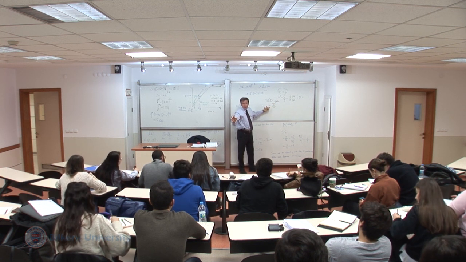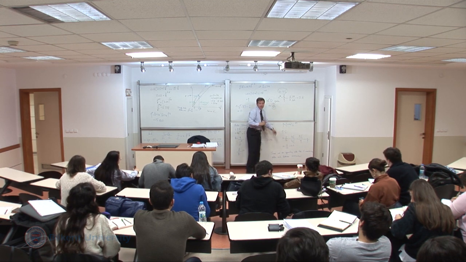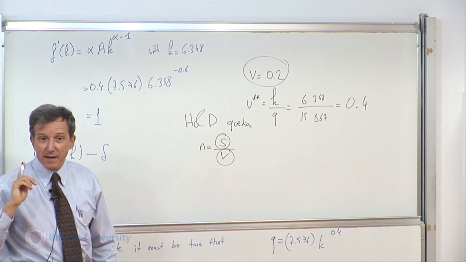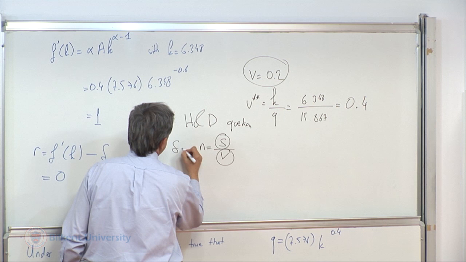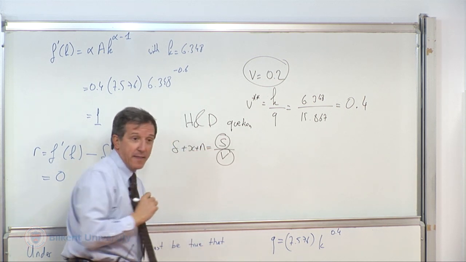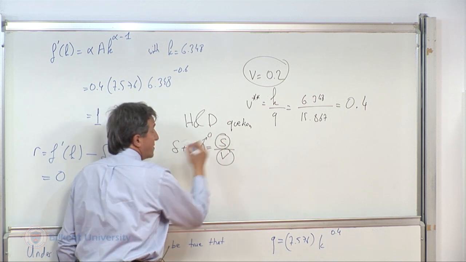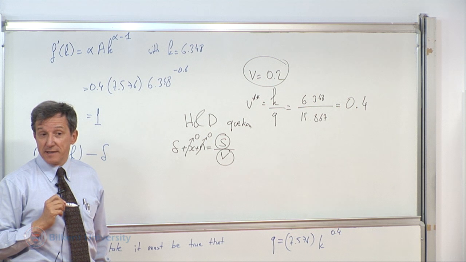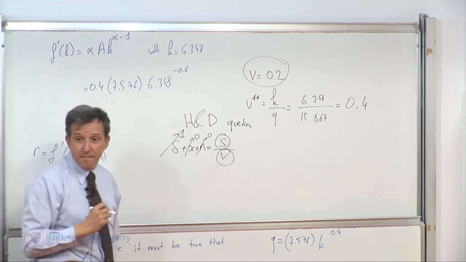Let's use the full Harrod-Domar equation, which is delta plus x plus n in its fullest sense. n is assumed to be 0. Technological change is assumed to be 0. And delta is known to be 1.